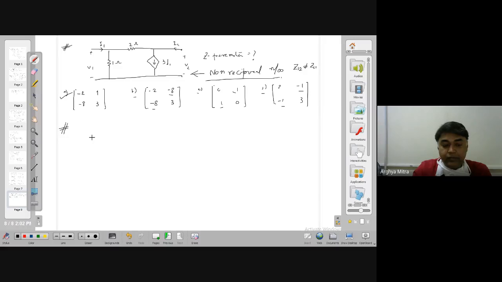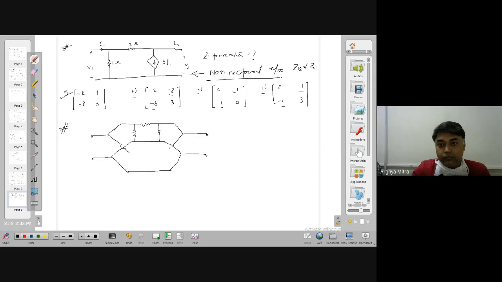Let us have another problem from two-port network. I'm putting a complicated circuit, but if you look at it in a certain manner, it has some kind of symmetry.